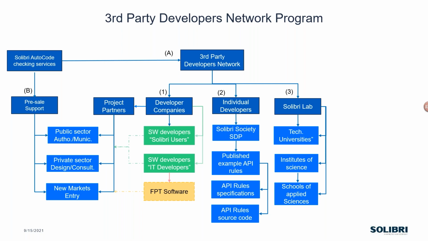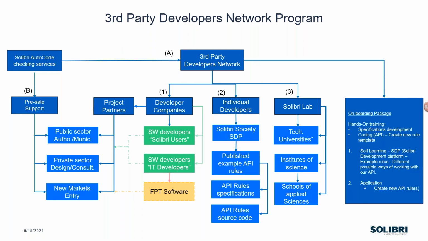Meanwhile, we are onboarding these developer network companies with a special training package, which contains two parts. The first part is a learning process, exactly like what we do for the individual developers. They access the SDP and learn from the existing rules.